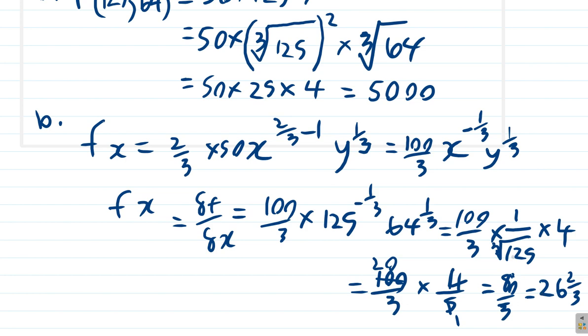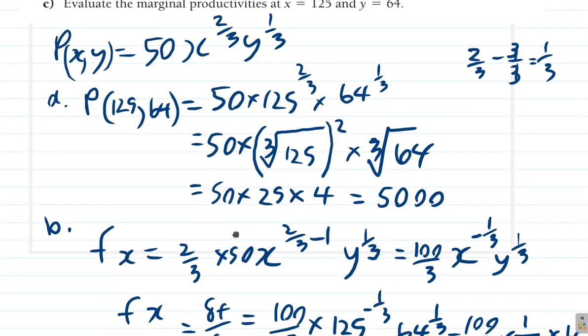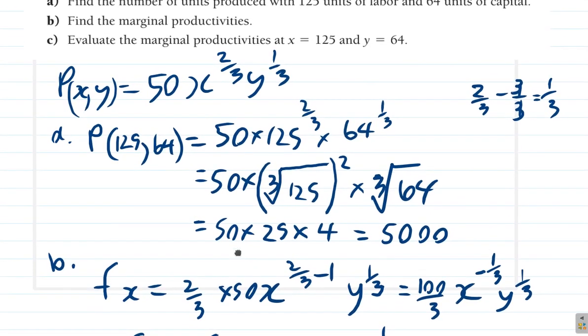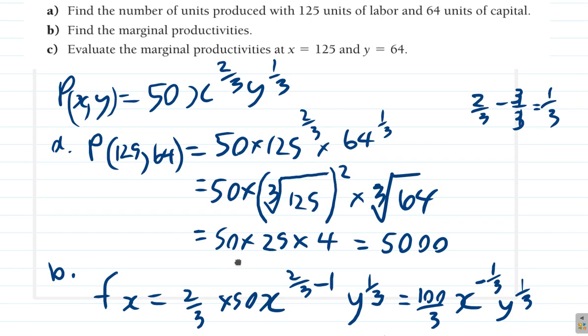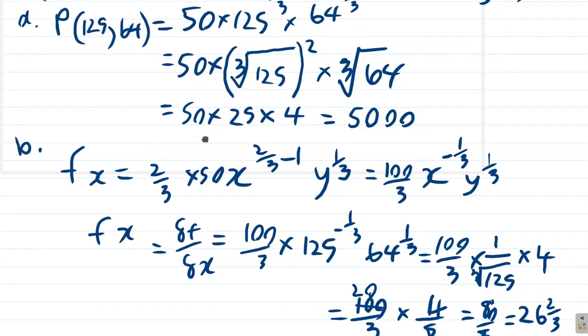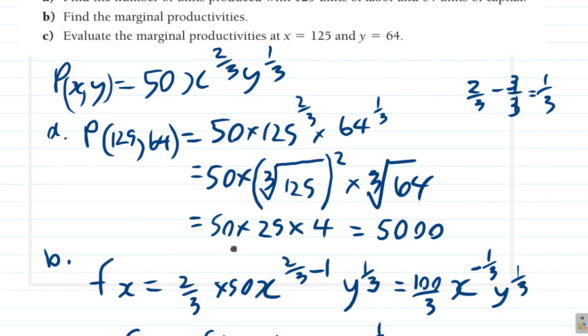So in this case, the marginal productivity at x equal 125 and y equal 64 would be 26 and 2/3. Right?